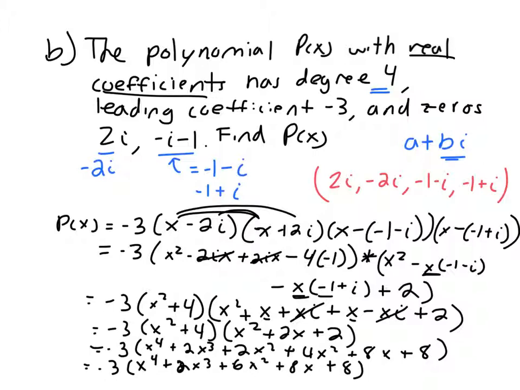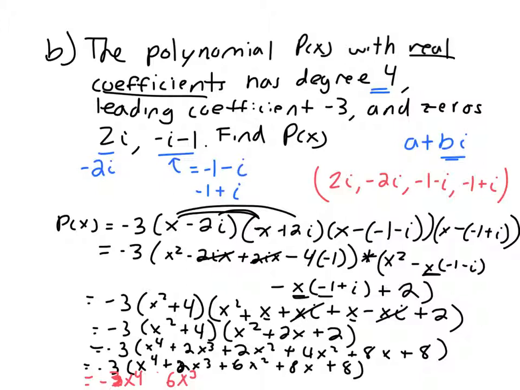Okay, so now the very last step is to distribute that -3, and then I'll be good to go. So I'll have, really I've run out of room. Okay, so let me go ahead, I'll just try. So I'll have -3x to the fourth plus 6x to the third. Oh, I'm distributing a negative 3, so the sign will change.